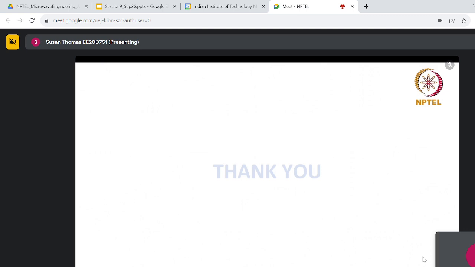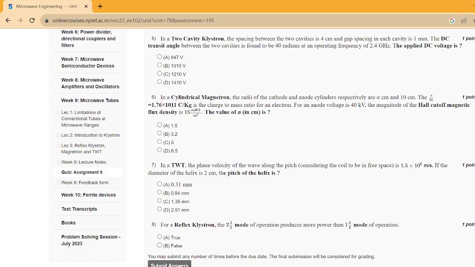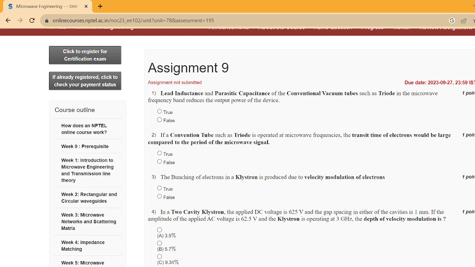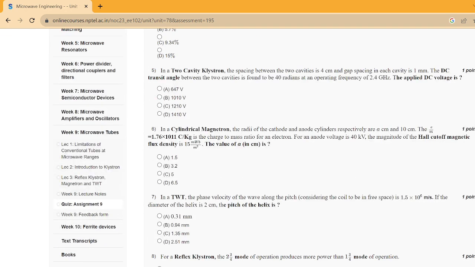Madam, which book are you following for these problems? Basically, it's the same reference textbook, but we look at the problems from different sources.